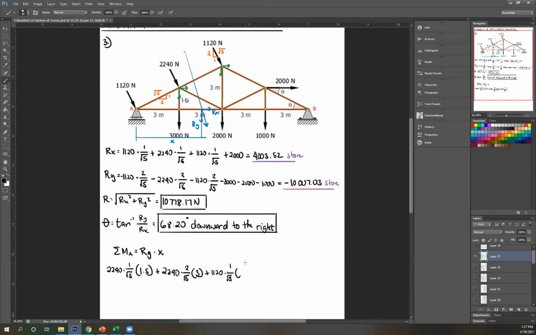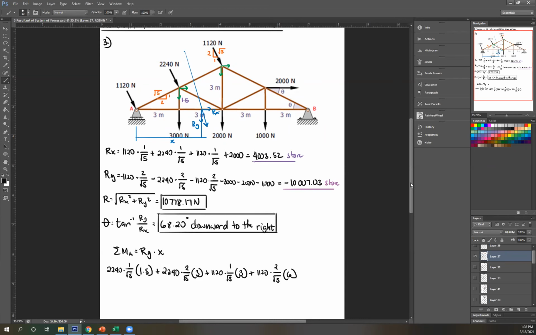Then multiplied by perpendicular distance. This, which is equal to this, which is 3. Next vertical component, again, that's clockwise, so plus 1120 vertical component, so 2 over square root of 5. Perpendicular distance is this, so that's 3 plus 3, 6.